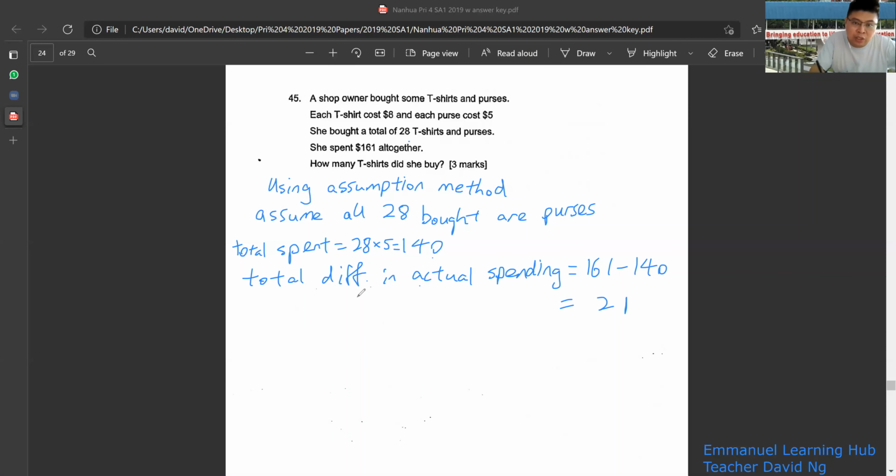Then what is each difference? That's a difference between each t-shirt and each purse. So number of t-shirts. How to find number of t-shirts?